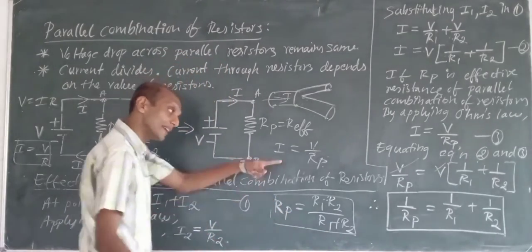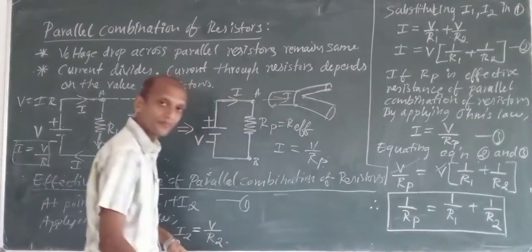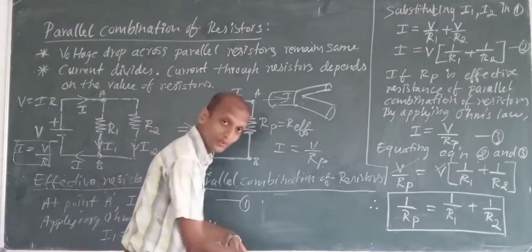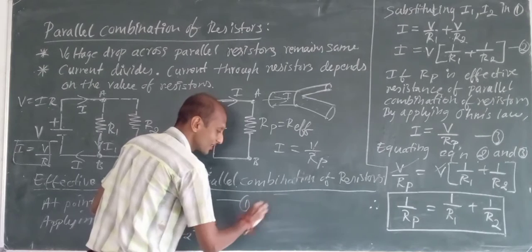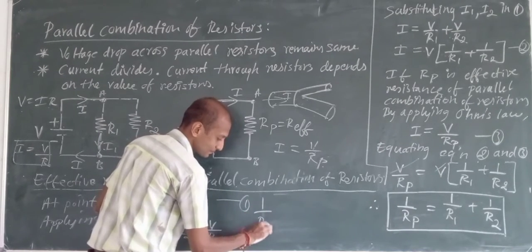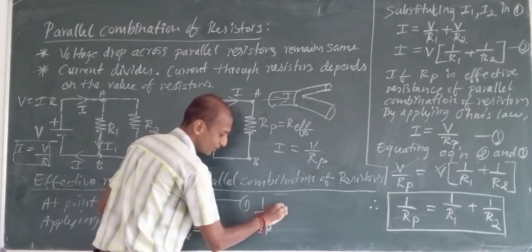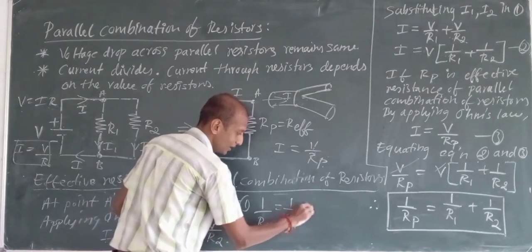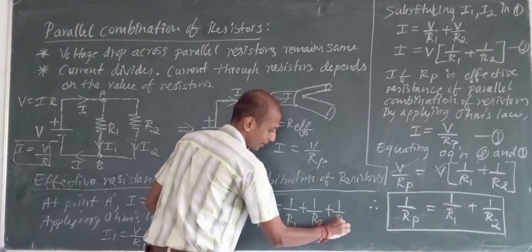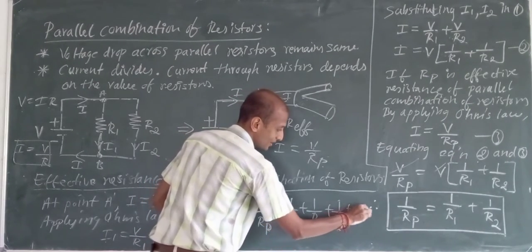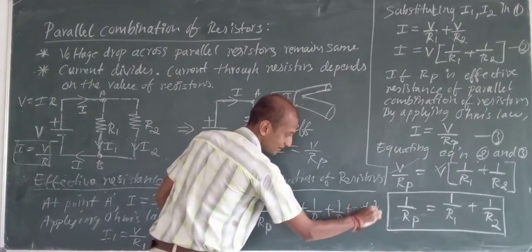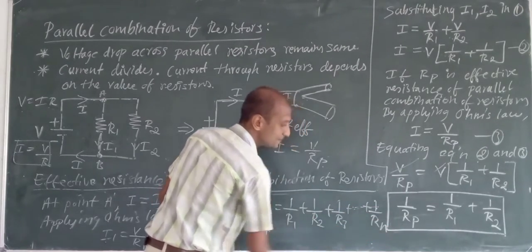And in general, if it is more than 2 resistances, I can write the equation as 1 divided by Rp will be equal to 1 divided by R1 plus 1 divided by R2 plus 1 divided by R3 plus, and it goes on till 1 divided by Rn.